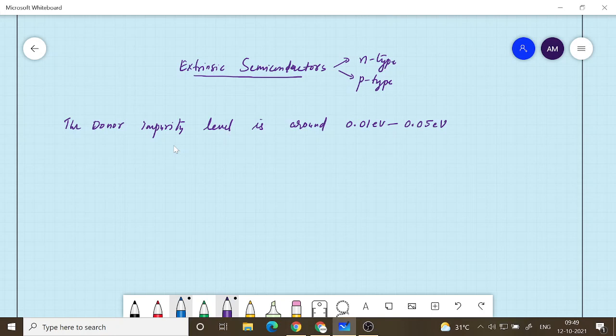So donor impurity level is around 0.01 electron volt to 0.05 electron volt below the bottom of the conduction band, which we label as EC. So below EC it is around this much amount beneath. Okay, so that is the location.